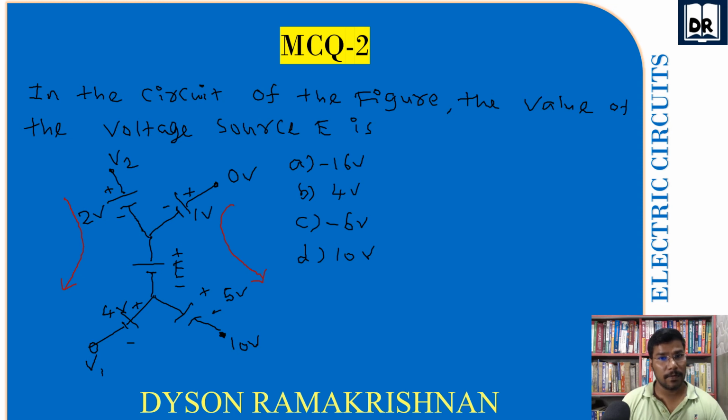But if you choose this path, there is only one unknown parameter, the one they asked for, that is E. So we have to choose this path. By applying KVL, we can get the answer.